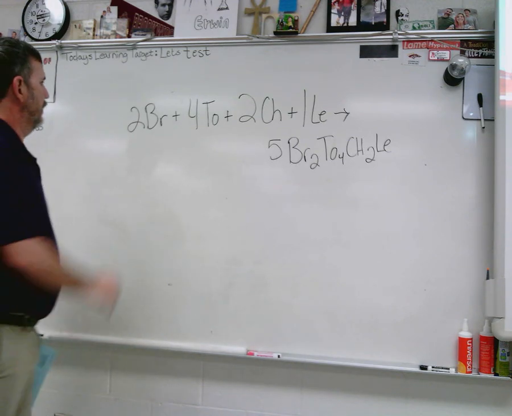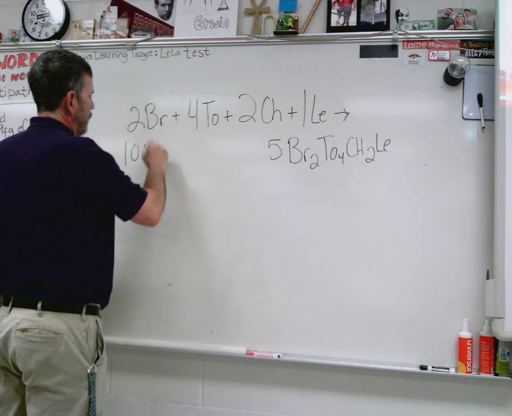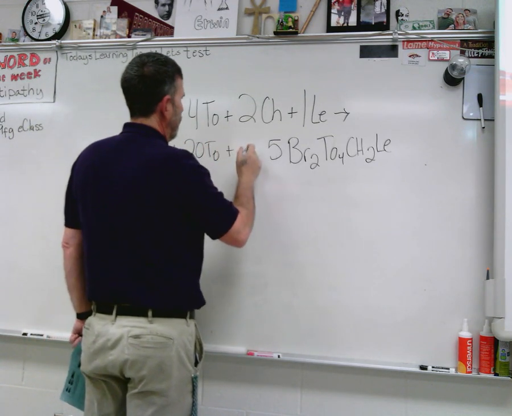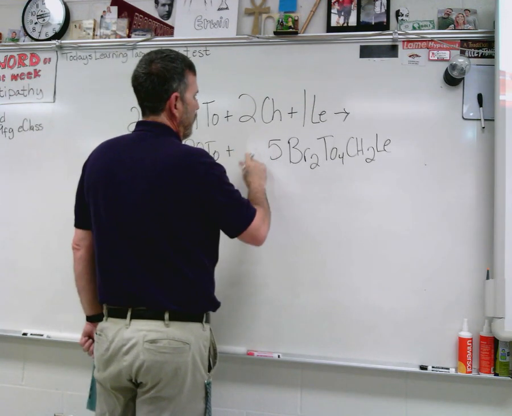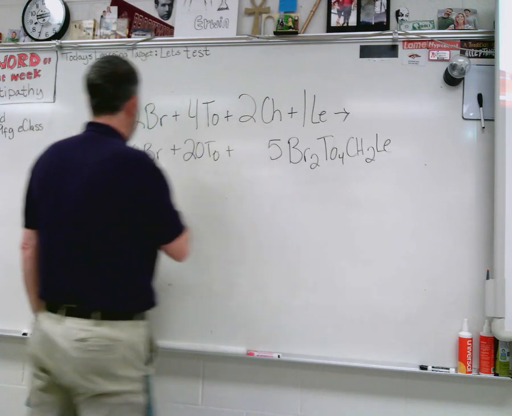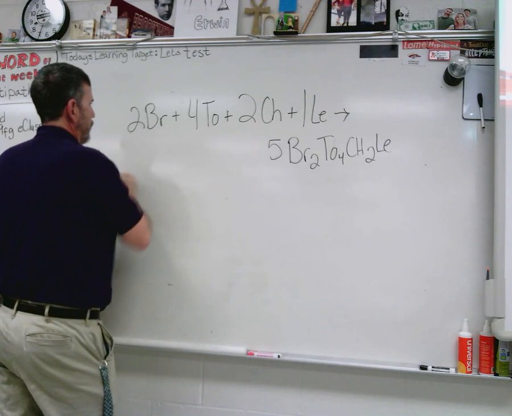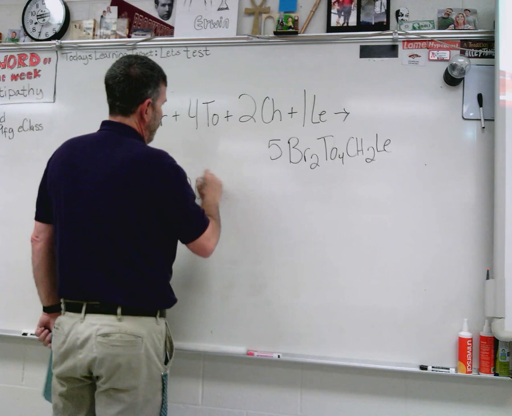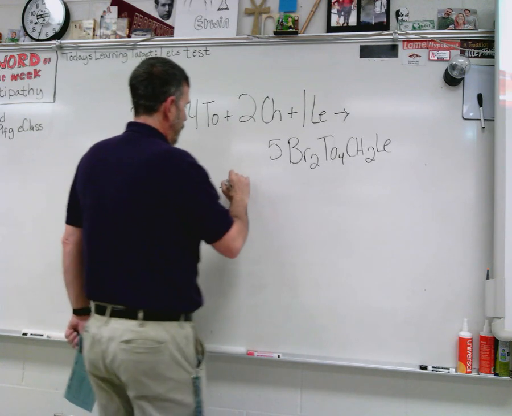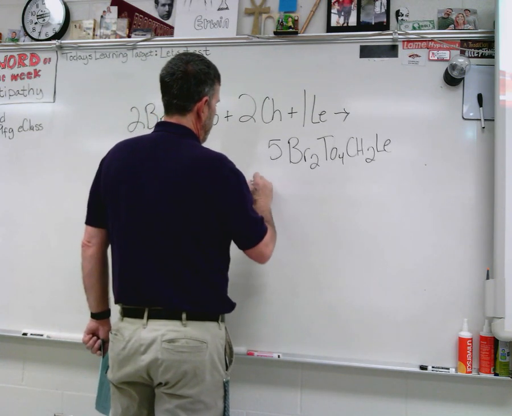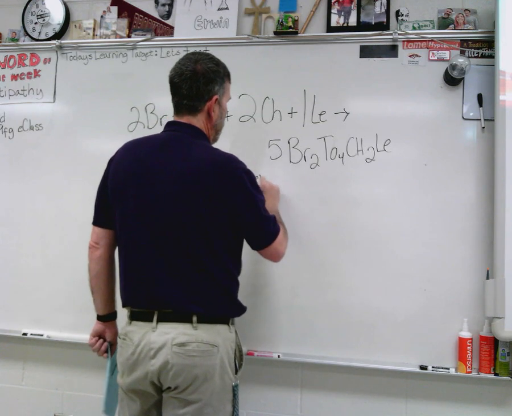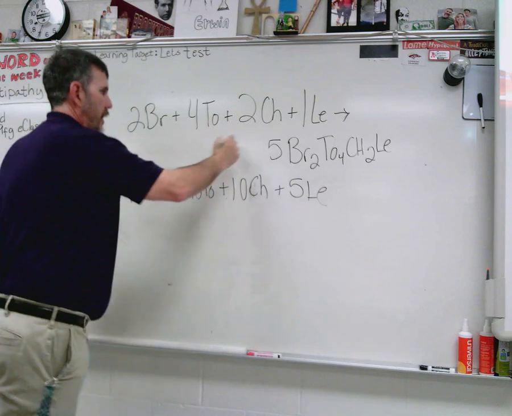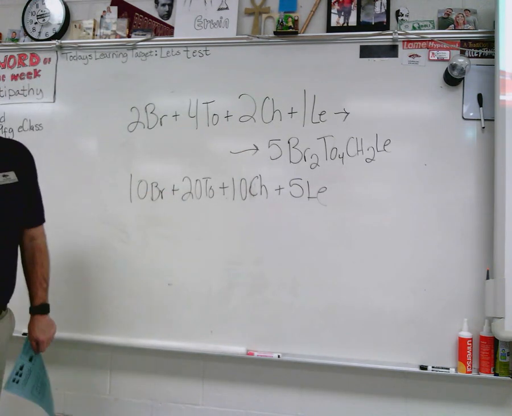So I would need 10 bread plus 20 tomatoes plus 10 cheeses. Well, now I'm going to run out of room. Let's do it down here. 10 bread plus 20 tomatoes plus 10 cheese slices plus 5 lettuces to make 5 sandwiches.